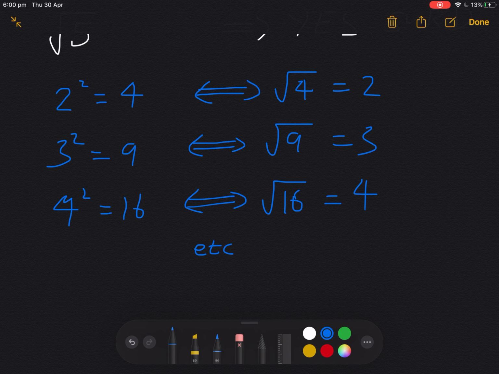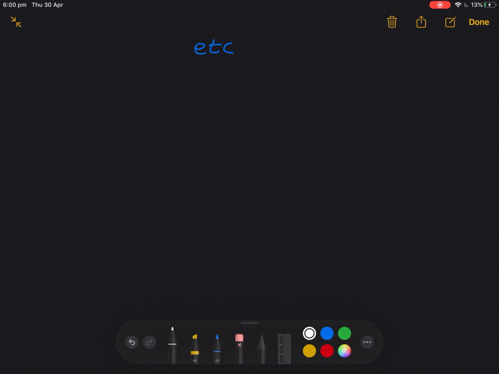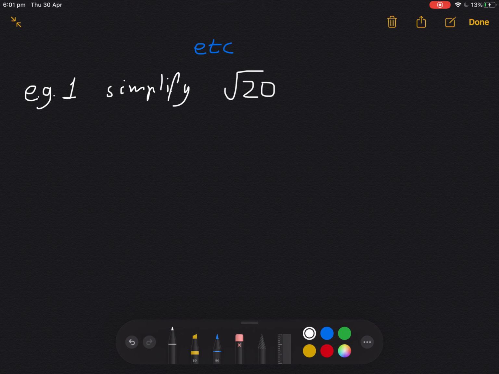Now, in order to simplify surds, the main thing you need to do is find square factors. Okay? So, let's say we want to, example 1, simplify root 20. Okay?